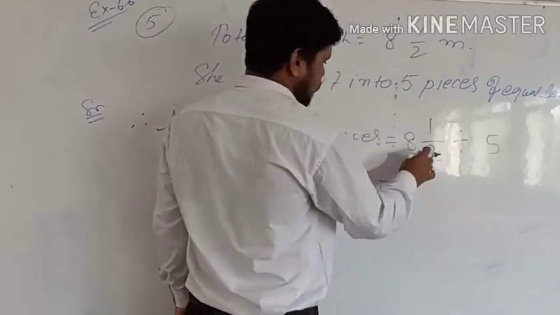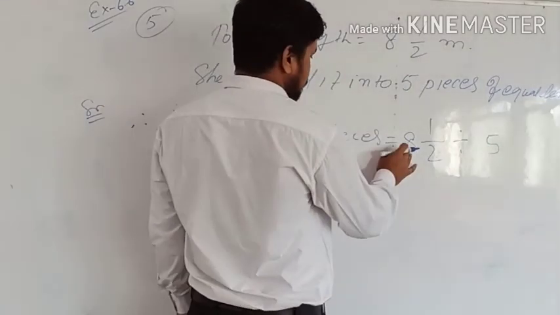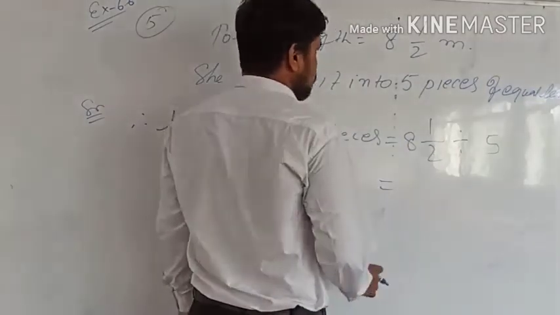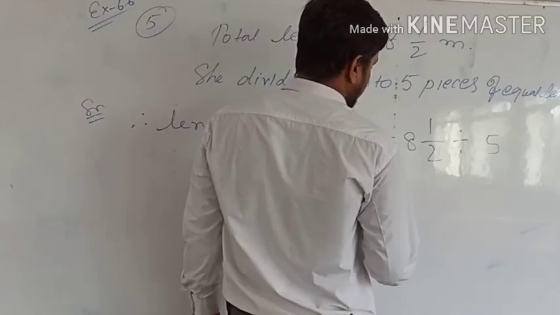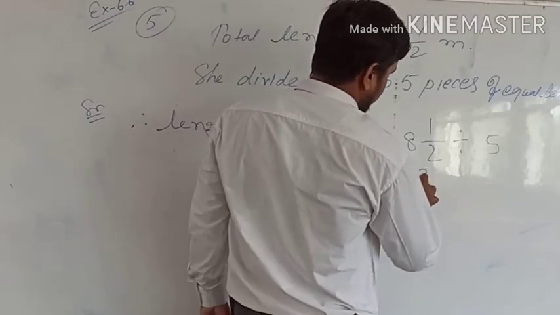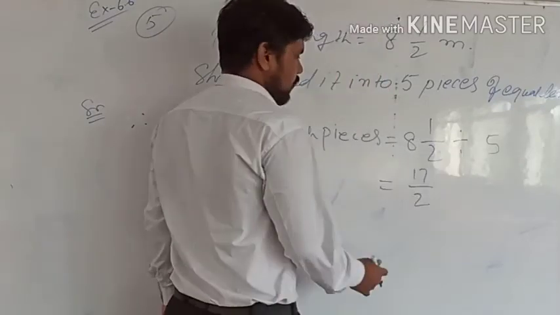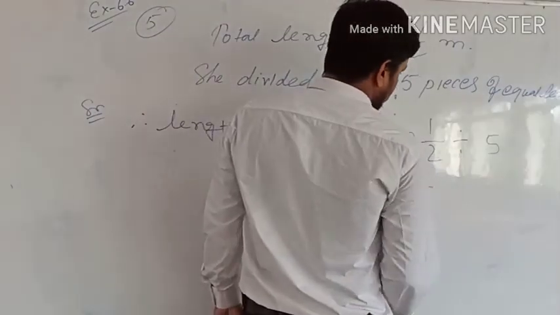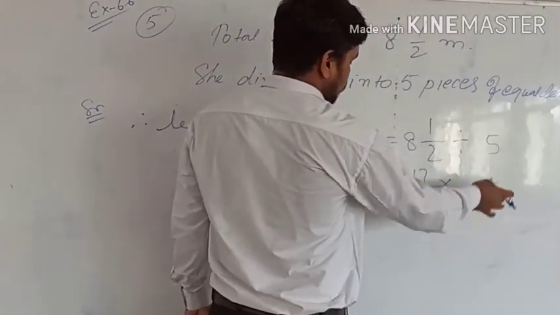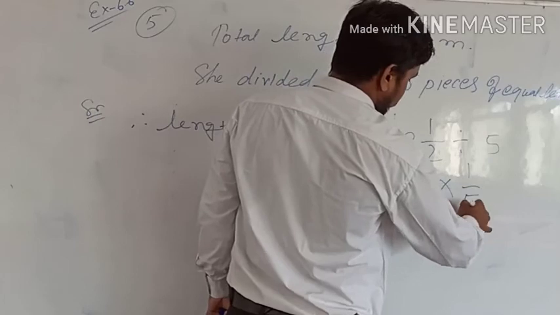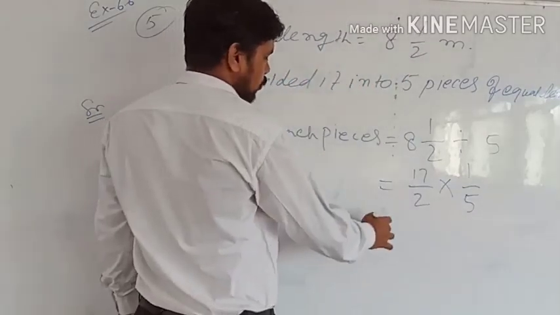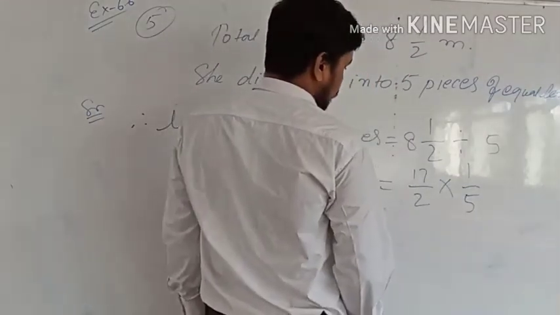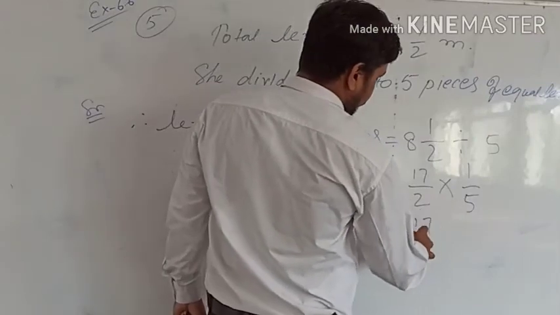Let's first convert this mixed fraction into an improper fraction. So 2 eights are 16, 16 plus 1 is 17. So 17 divided by 2, and converting the division sign to multiplication, the reciprocal of 5 will be 1 by 5. So the required answer will be 17 times 1 is 17, divided by 5 twos are 10.